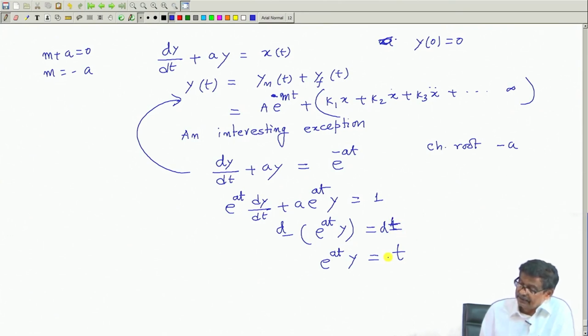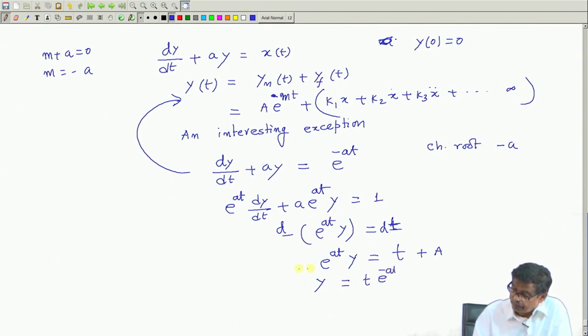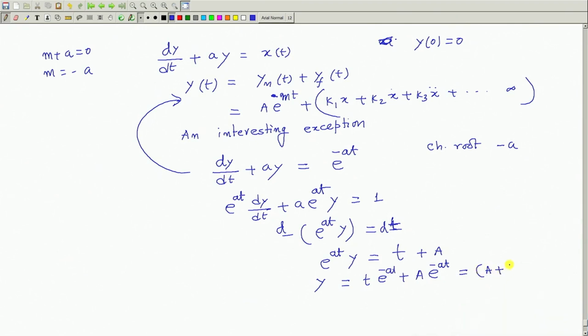So, you will get it like this, plus a constant, of course, the constant of integration. Then your y will be t into e to the power minus at, multiplying both sides with e to the power minus at, plus A into e to the power minus at. So, the solution will be A plus t into e to the power minus at.